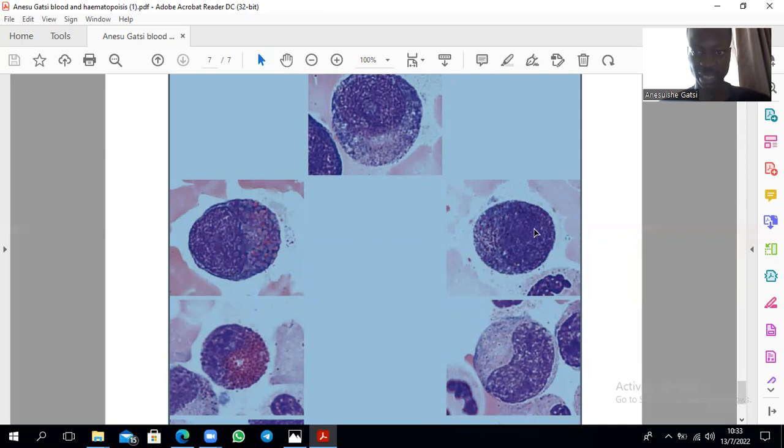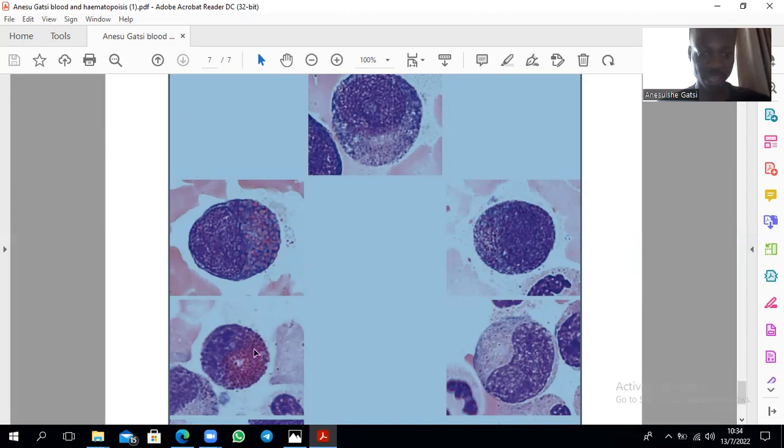And the nucleus, you can see that it's actually almost going to become bean-shaped in the neutrophilic metamyelocyte here. Right? But if you come to the eosinophilic metamyelocyte, this one, the nucleus is still going to be bean-shaped like the metamyelocyte on the side for the neutrophils.